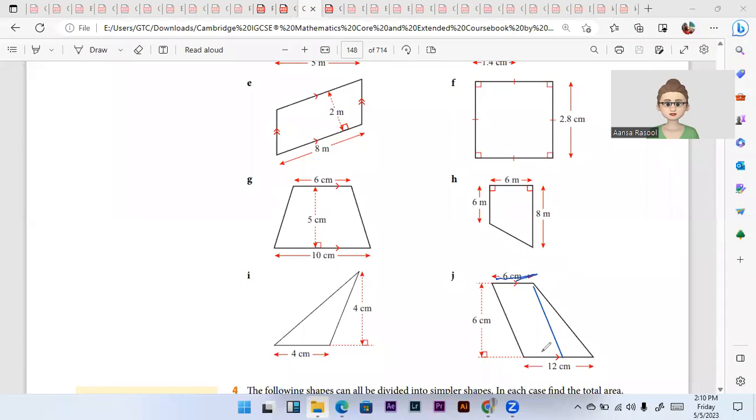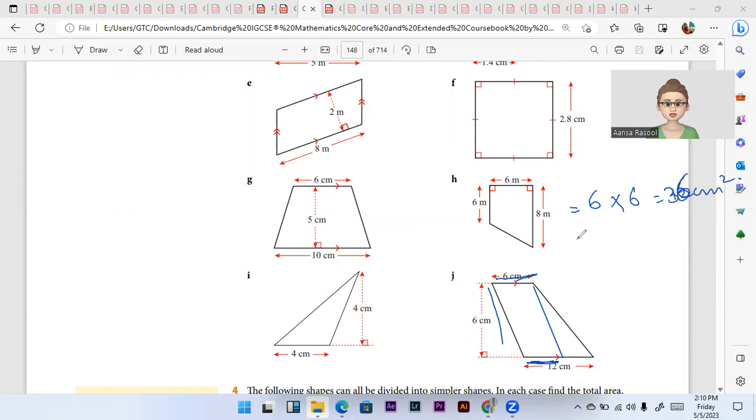One side of the rectangle is 6, and this is also 6. The area of a rectangle is length into width, so 6 into 6 is 36 centimeter square.